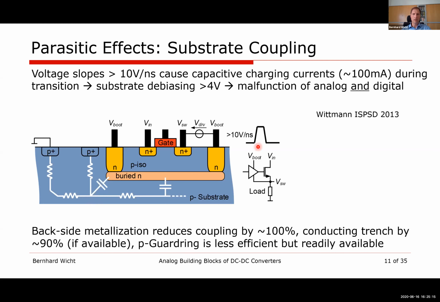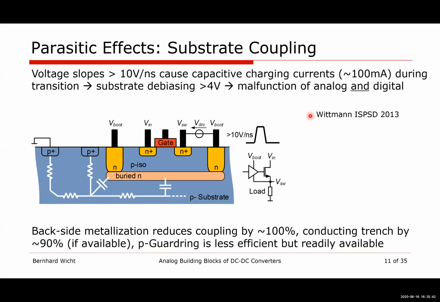In fact, this is a link to a paper that we published. It's been quite a while ago, but there is a nice table that shows some of the effects and some of the structures that we can implement to reduce the coupling effect. Also in terms of percentage, very simple. And this was verified by measurements, at least partially. So that's the nice thing about this paper.